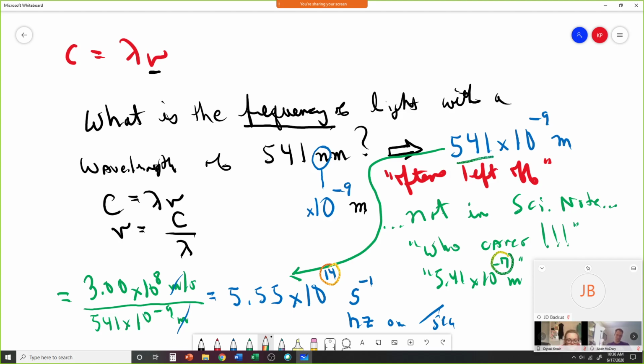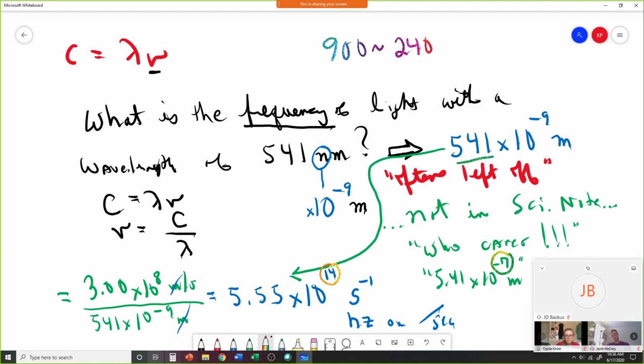Visible runs somewhere around 900-ish, that's a technical term, to around 240 or so. Maybe a little bit further to the red, maybe a little bit further to the blue, but it's around that range. When you start getting to around 180 nanometers, you start getting into ultraviolet. Around 1200 nanometers, you're starting to get into the infrared and that sort of thing.